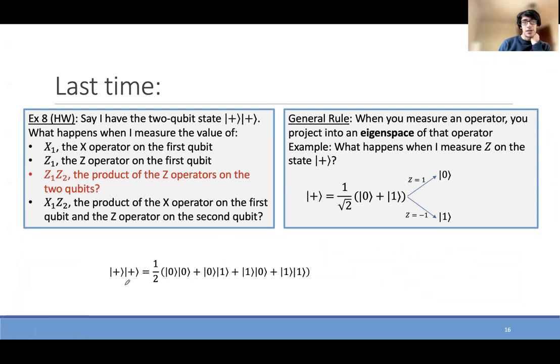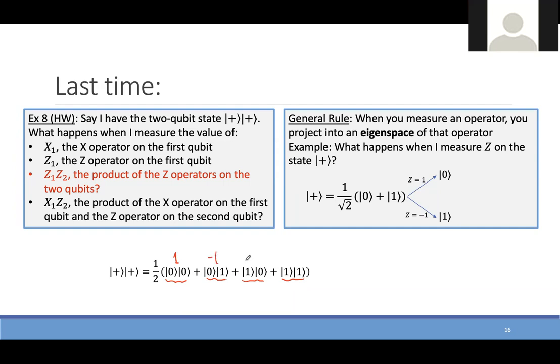I've written out down here that plus times plus, you can write it out as 1/2 of 0 times 0 plus 0 times 1 plus 1 times 0 plus 1 times 1. So you might think to yourself, what is Z1 times Z2 on this state? What is it on this state? What is it on this state? And what is it on this state? Z1 times Z2 should also be 0. Okay, what is Z1 times Z2 on this first state? 1. What about the second state?